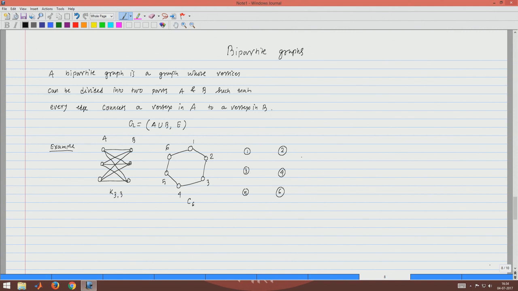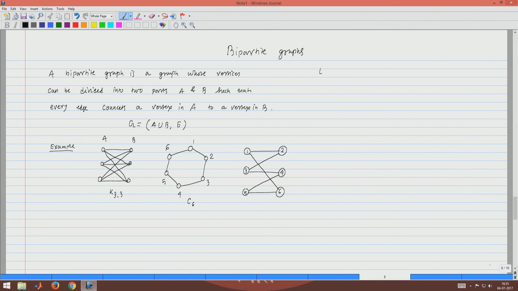Now, you can see the edge 1 2 corresponds to this edge, 1 6 is this edge, now 3 2 and 3 4, 5 6 and 5 4. So, you can redraw this graph and then you can see that this is basically a bipartite graph. Okay.